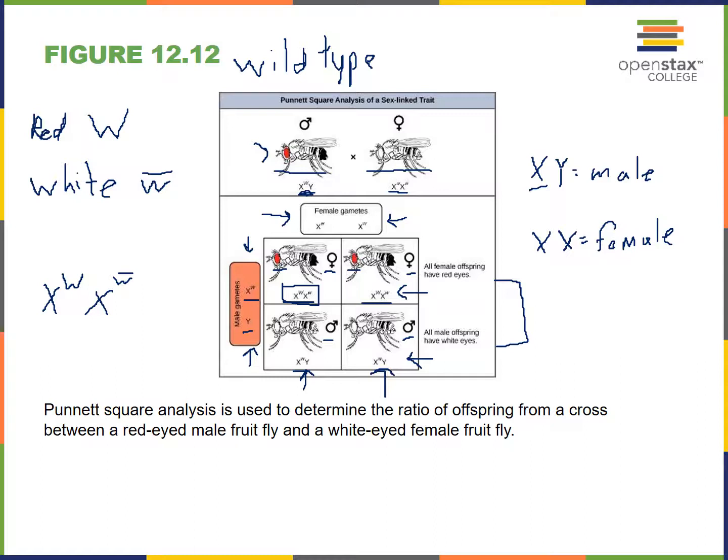She does have red eyes because she has at least one dominant allele for eye color, for the wild type eye color. But she would also be described as a carrier. So because she has one copy of the recessive allele. So even though phenotypically she's normal, she's wild type, she has the red eyes, genotypically she's a carrier. She has at least one copy of the recessive allele.